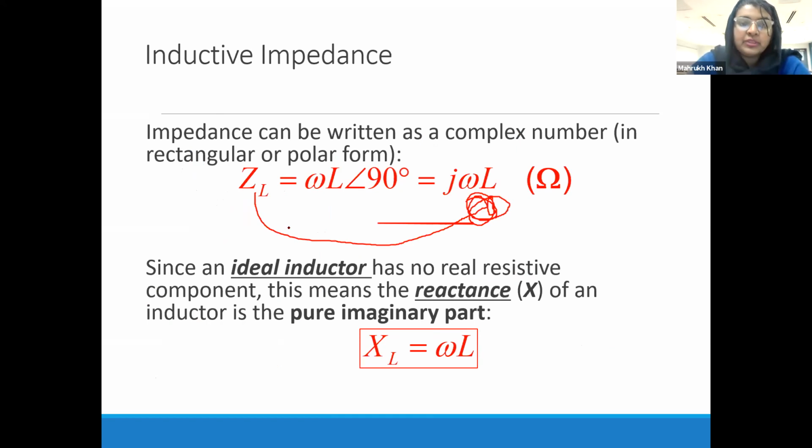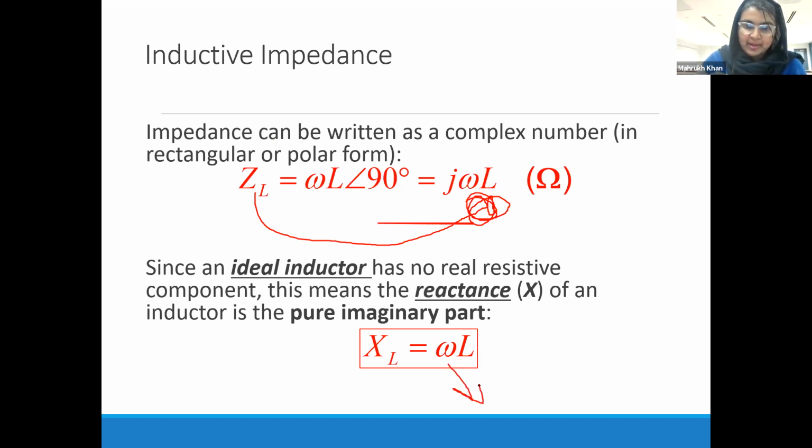Okay, so there are two parts. If I say impedance, then I have to add the j part, so j omega L. But if I say reactance, then I will just say omega L. So omega L is the representation of the inductor, where omega is 2 pi f and f is the frequency.